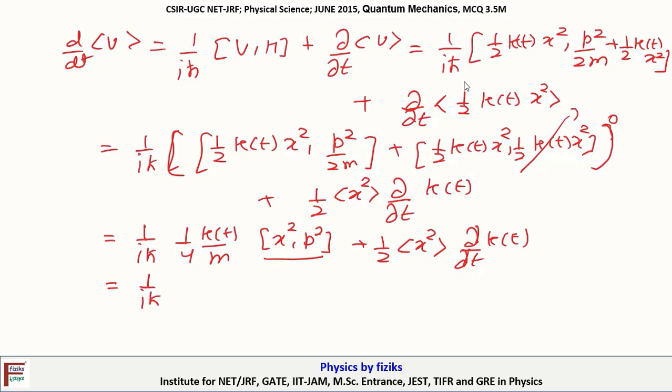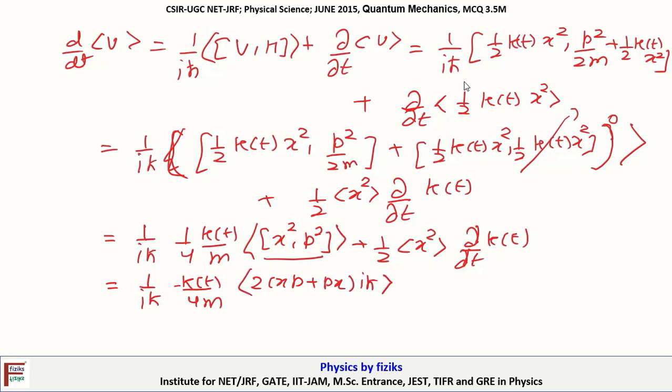The value of this term would be 1 by i h cross, 1 k(t) by 4m, and this term would be 2 times xp plus px, and here this is in expectation, into i h cross, plus half x square dk(t) by dt.